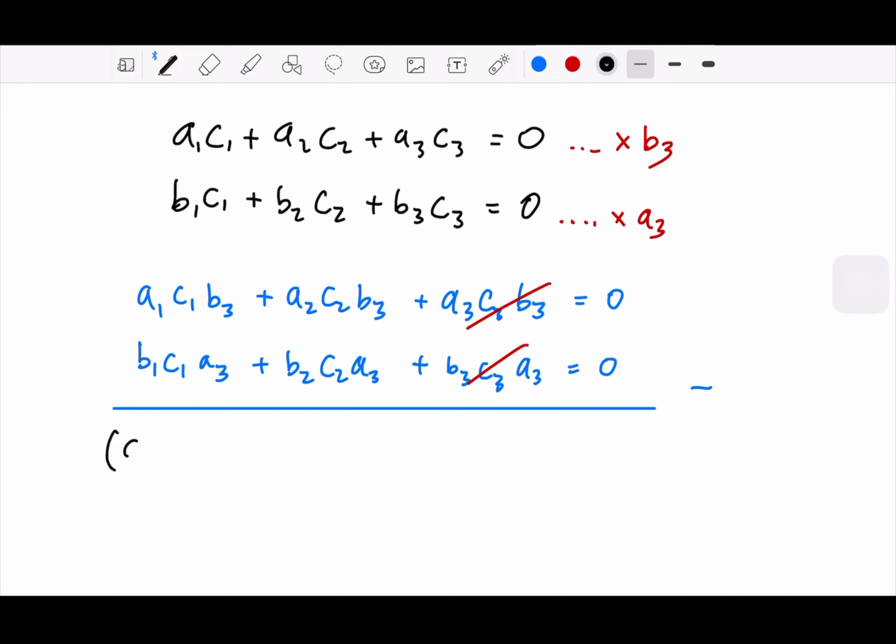And this is supposed to be A1 B3, sorry, and plus A2 B3 minus B2 A3, or A3 B2. Let me write A first. Supposed to be 0.